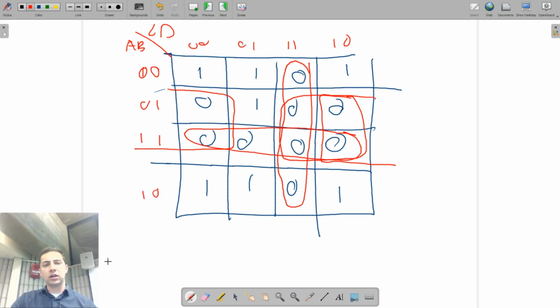Well, looking at this, F of A, B, C, D, I'm circling the zeros. So what I'm really finding is what F isn't. That's going to be A, B for the horizontal term, C, D for the vertical term, B, D naught for the outer two edges.